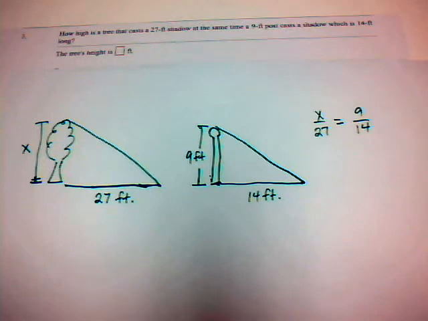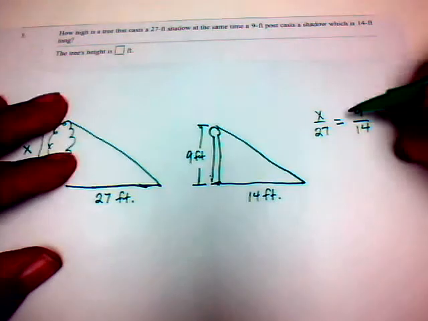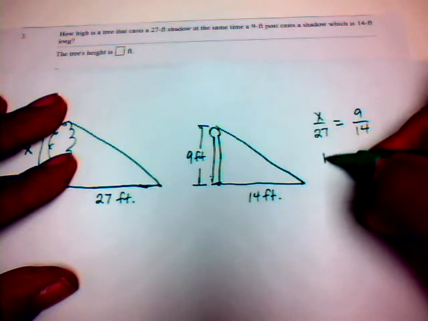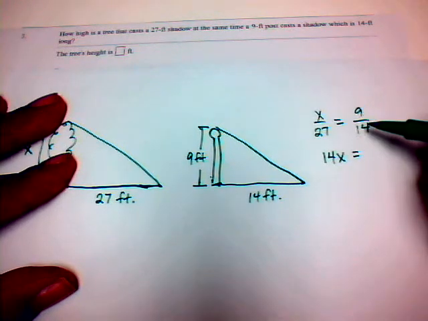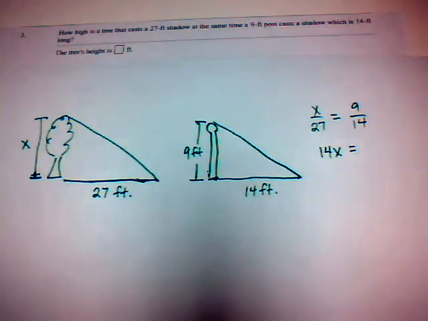I'm just doing the height of the object to the length of its respective shadow. Now, let's go ahead and simplify this. Cross multiply, you're going to get 14 times x, or 14x, equaling 27 times 9.